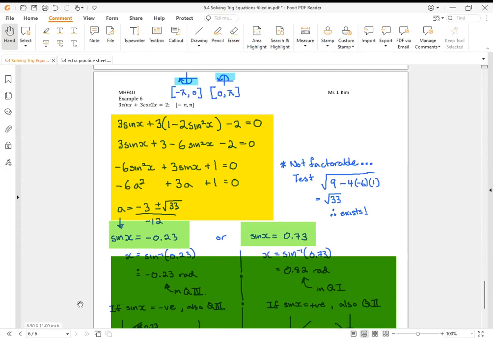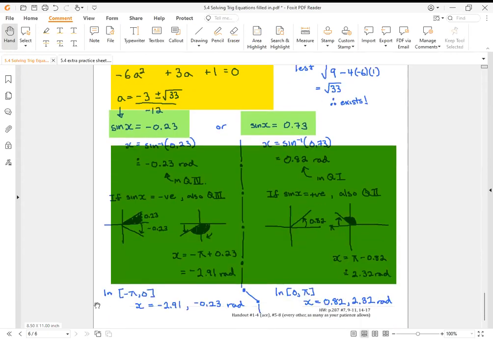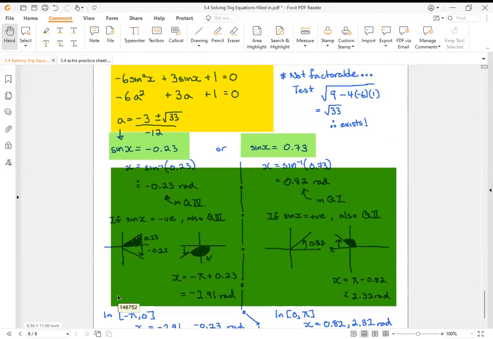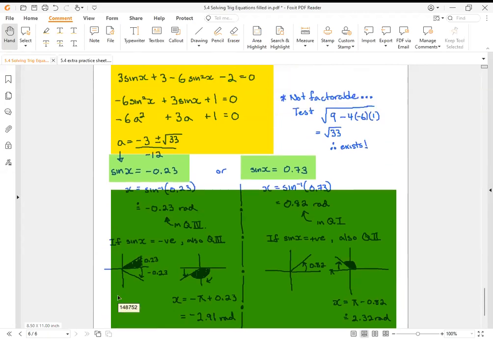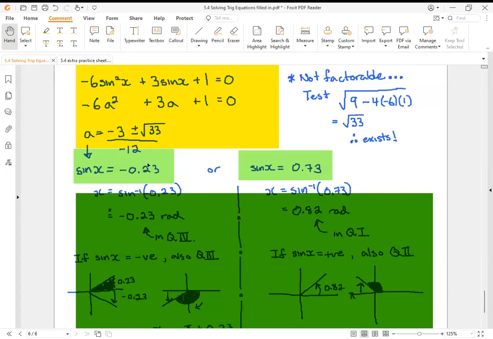Yes, absolutely. Question? How do you know that the number is in radians and not degrees? The number itself is a normal number. When you do the inverse, it's a matter of how you set your calculator.